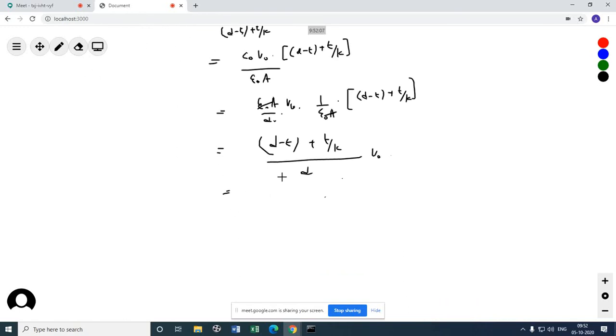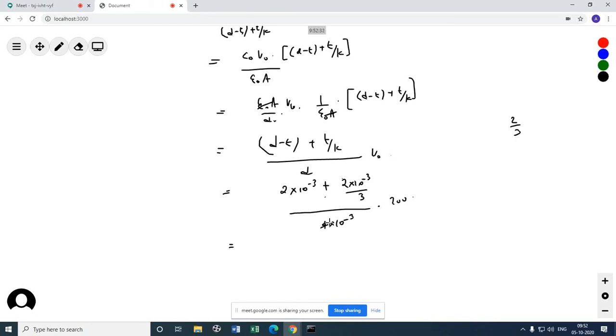So D minus T will give me 2 millimeter. 4 millimeter minus 2 millimeter gives me 2 millimeter. So 2 into 10 to the power minus 3 plus T by K. T was 2, so 2 into 10 to the power minus 3 by 3, divided by D, which is 4 into 10 to the power minus 3 into 200.